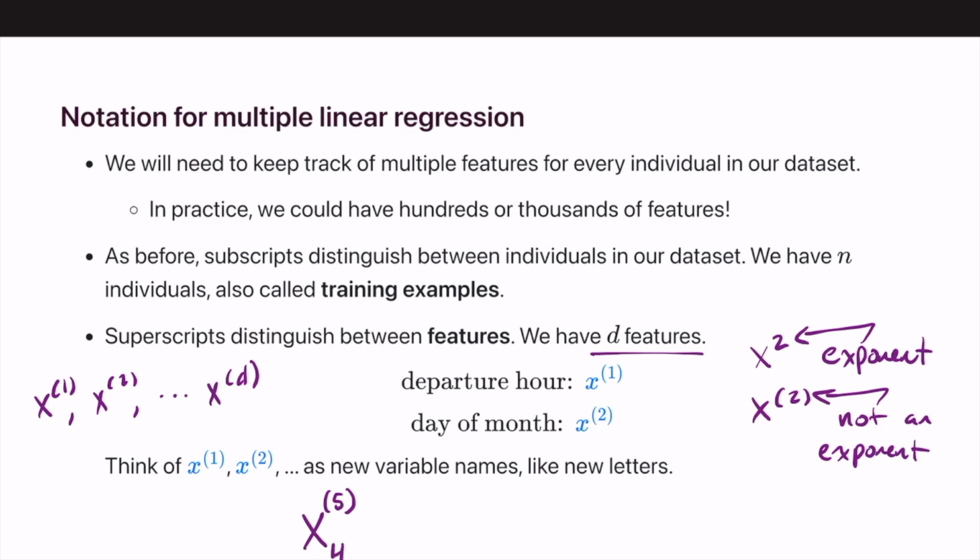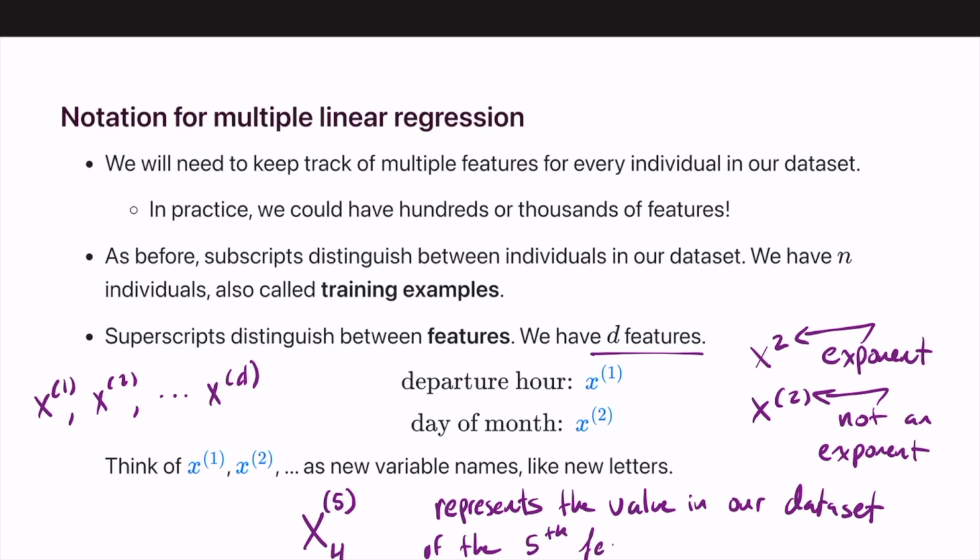This represents the value in our data set of the 5th feature and 4th training example.